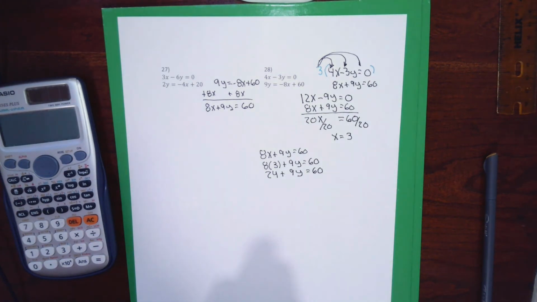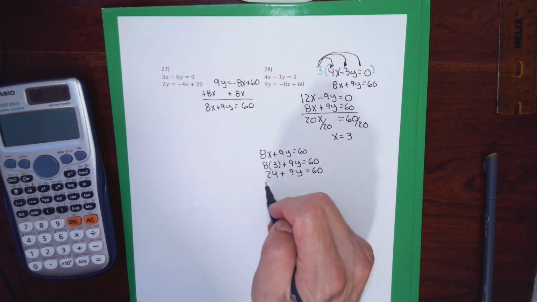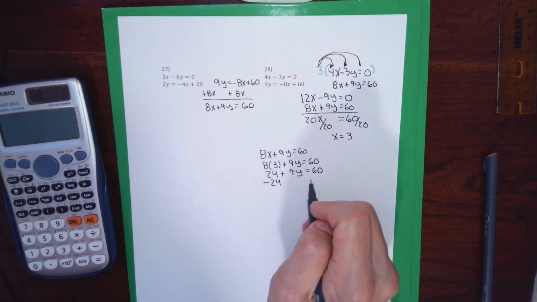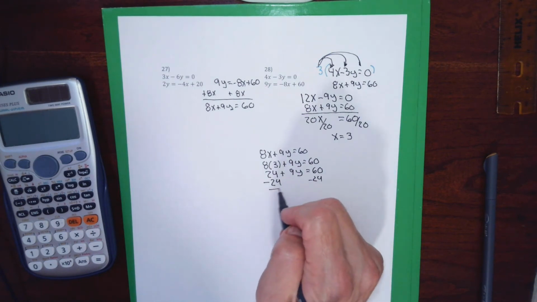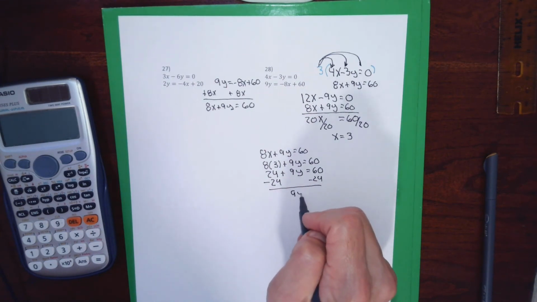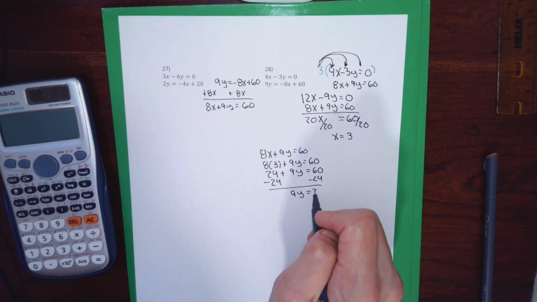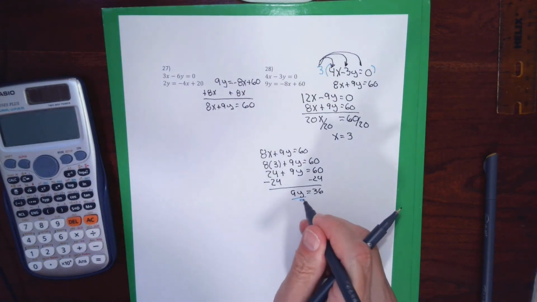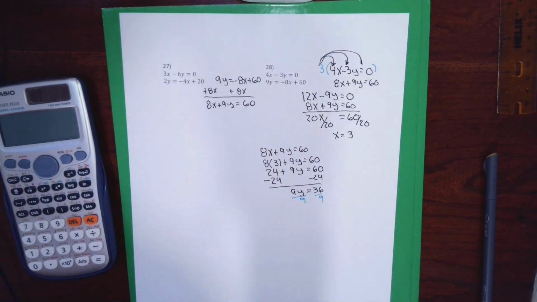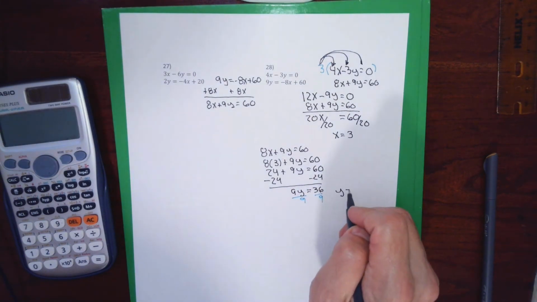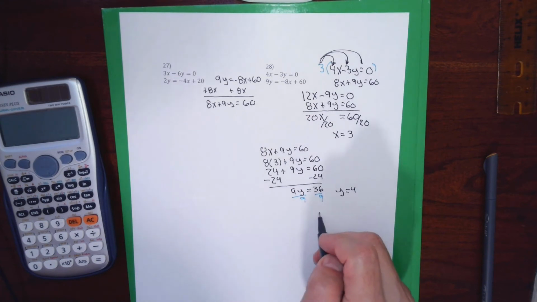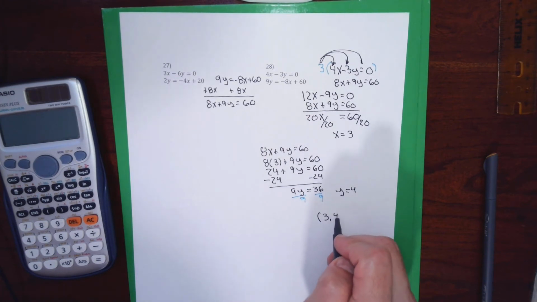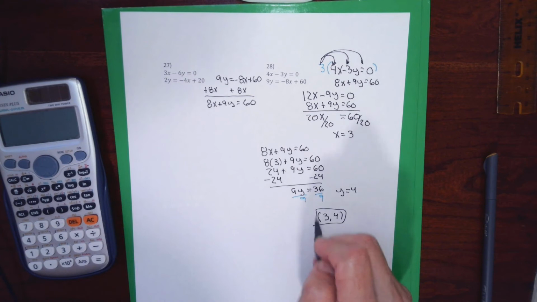So now I plugged in the 3 for x. I got something that I need to do a little bit more work to solve. 60 minus 24, I believe, is 36. Divide by 9, divide by 9. That gives me y equal to 4. The solution for problem 28 is going to be the point x equals 3, y equals 4.